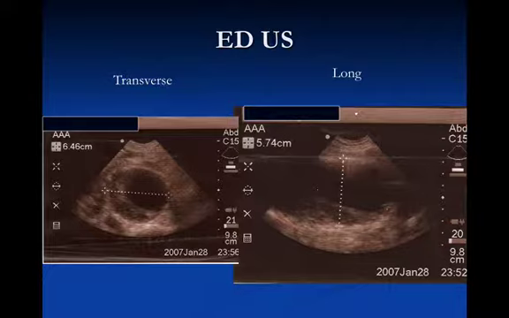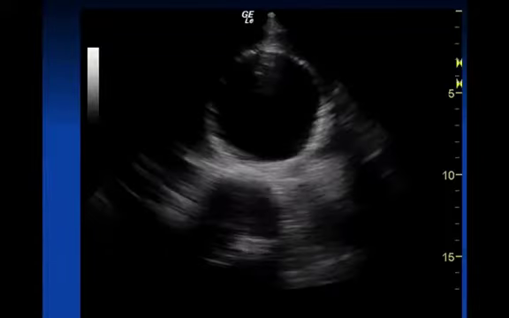And this is a good example of what I mean when a lot of times when you have an aneurysm, almost half of the aorta will be filled with clot like this one. And so you can see that this is a huge aneurysm, 6.46 centimeters. So we did a transverse and a long image here.